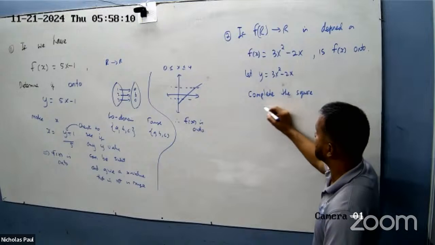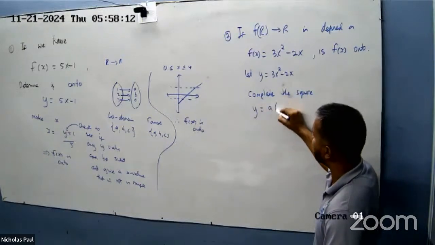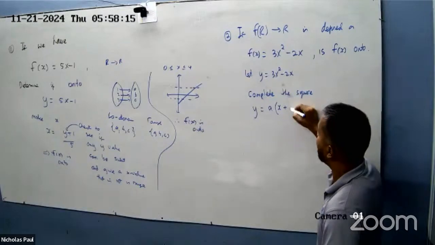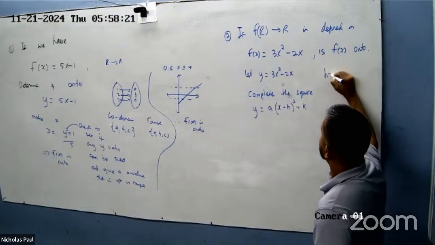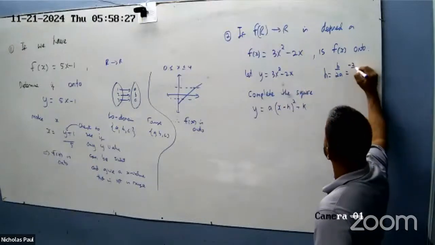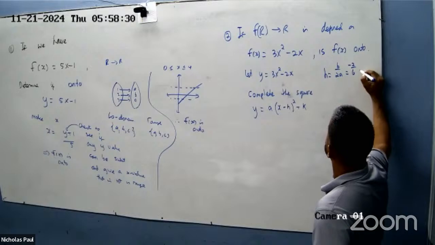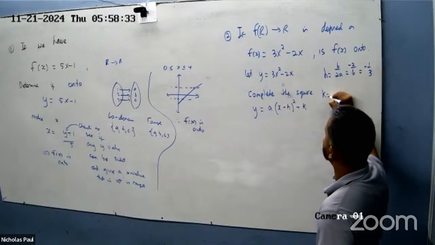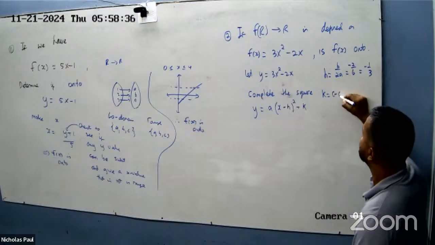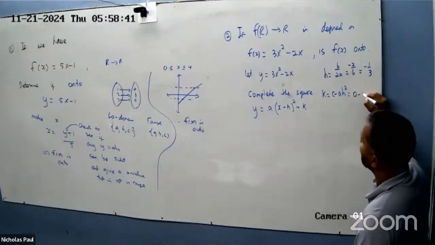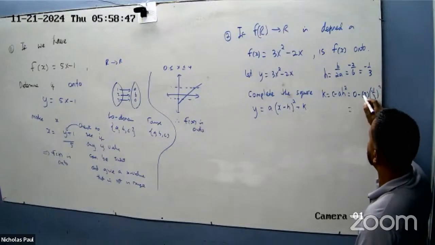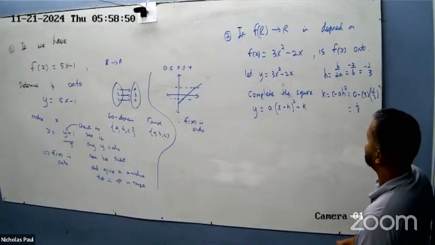So to complete the square, you'll get y equals a times (x minus h) squared plus k. h is minus b on 2a, so that's 2 on 6, which is 1/3, and k is c minus a h squared. So c is 0, a is 3, and h squared is 1/9. That'll cancel, so you'll get minus 1/3.